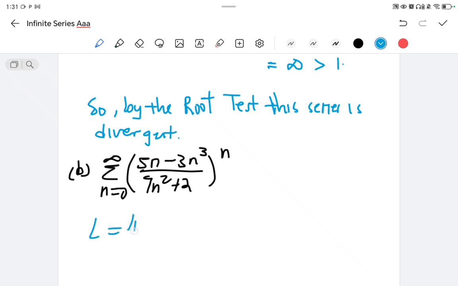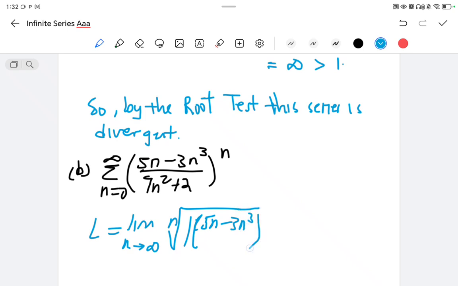L is equal to the limit as n approaches infinity of the nth root of (5n minus 3n^3) all over (7n^2 plus 2)^n.